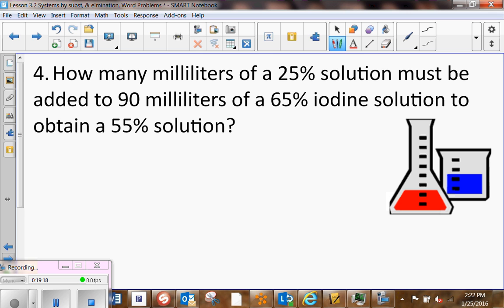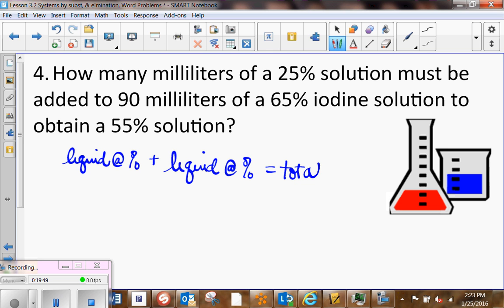Sounds hard, and it kind of is until you get the pattern. So I'm going to show you a model, and if you keep that in mind, they're really not that hard. I'm going to have some liquid at a certain percent, plus another liquid at a certain percent, equals total liquid at a certain percent.